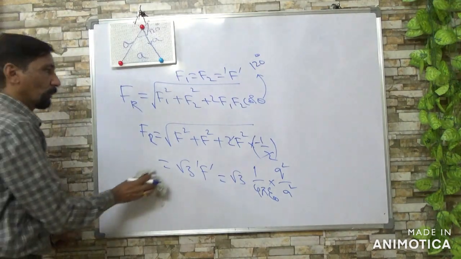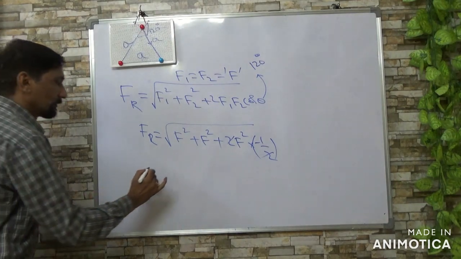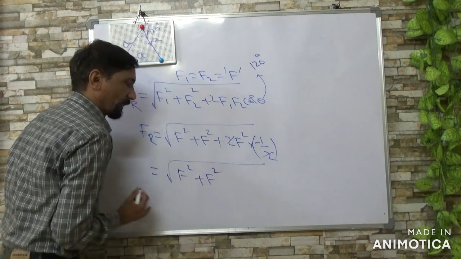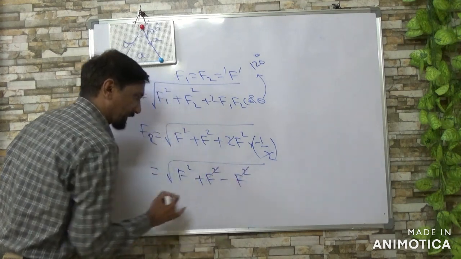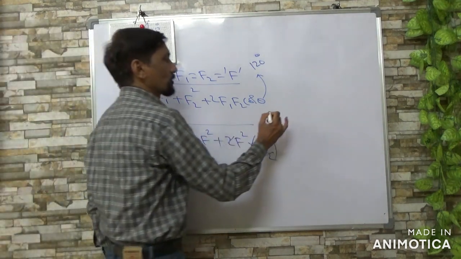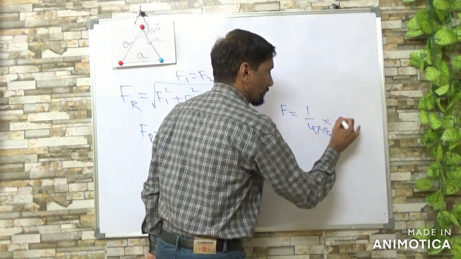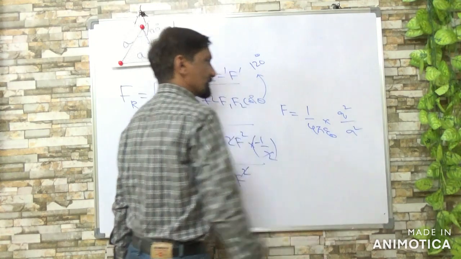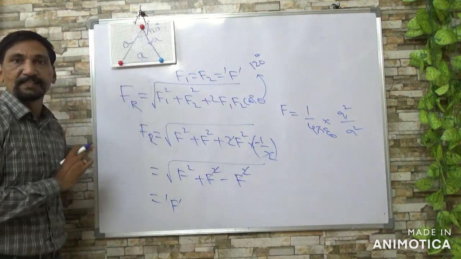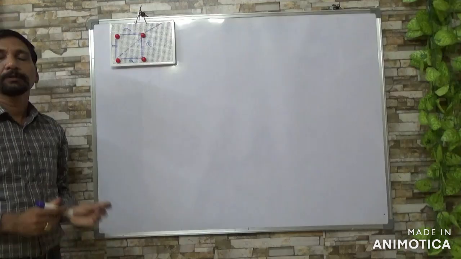Therefore the resultant force is equal to root over F square plus F square minus F square. Cancelled, you get only F. That means the force between them, 1 by 4 pi epsilon naught Q square by A square. So this is the resultant force experienced by this when one charged body is taken negative instead of positive.